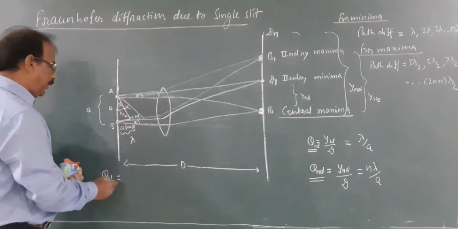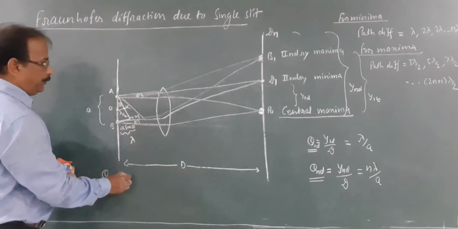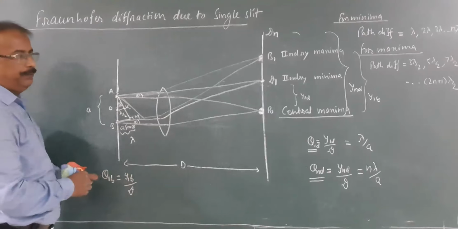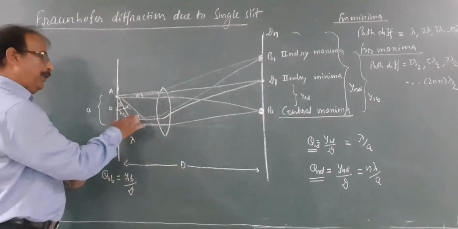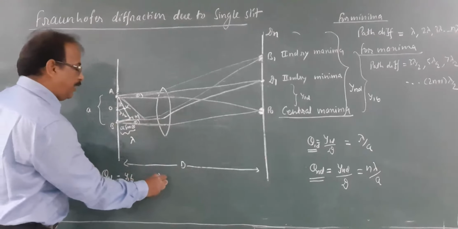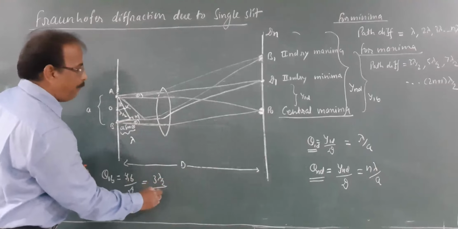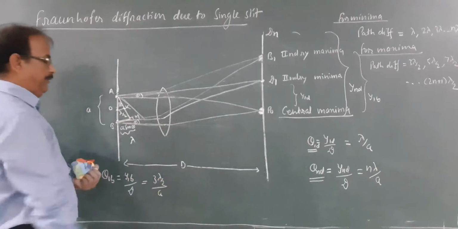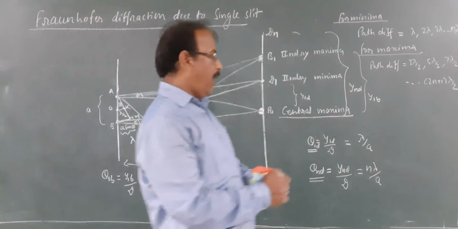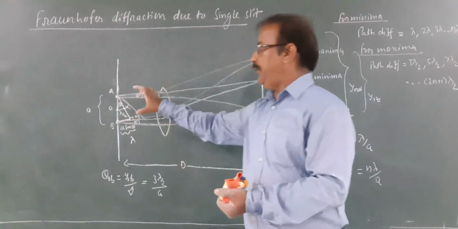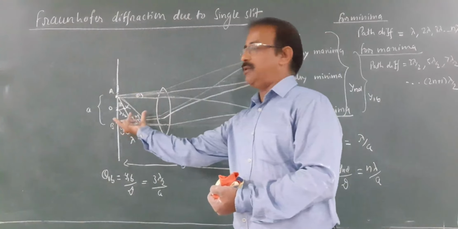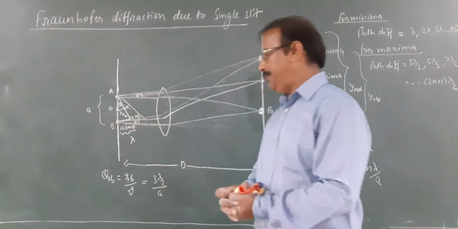Then you should write theta 1b equal to y1b upon capital D, or in terms of path difference, 3 lambda by 2 upon A, where A means the slit width, and this path difference for first maxima is 3 lambda by 2.